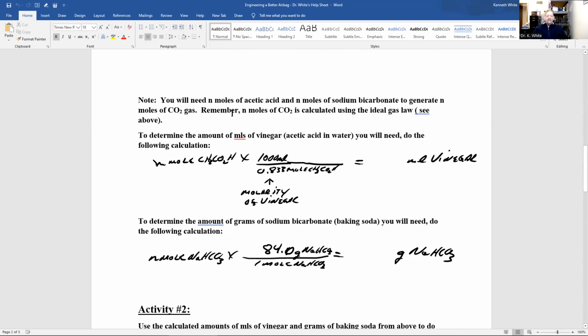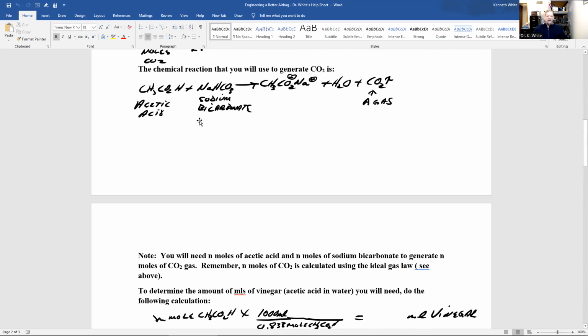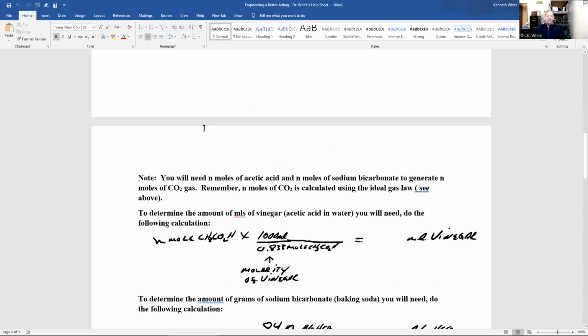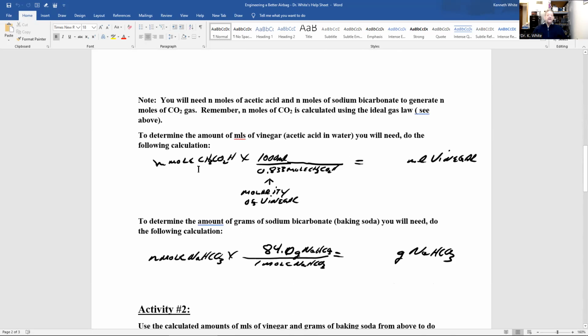To determine the amount of milliliters of vinegar, remember, vinegar is acetic acid in water, you do the following calculation. n, which you calculated from this calculation, number of moles of CO2, which is also the number of moles of acetic acid, you'll multiply by 1,000, divide by 0.833 moles of acetic acid.